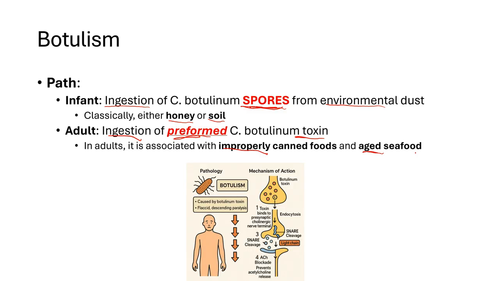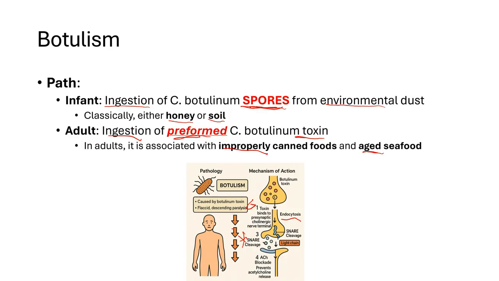So here's a diagram quickly describing what's happened. Typically what happens here is we have some sort of toxin entry. Here we can see step 1. The botulism toxin binds to the presynaptic cholinergic nerve terminals. This undergoes something known as endocytosis, where the toxin is going to be internalized into this neuron. The most important part is here, step 3, this SNARE cleavage.